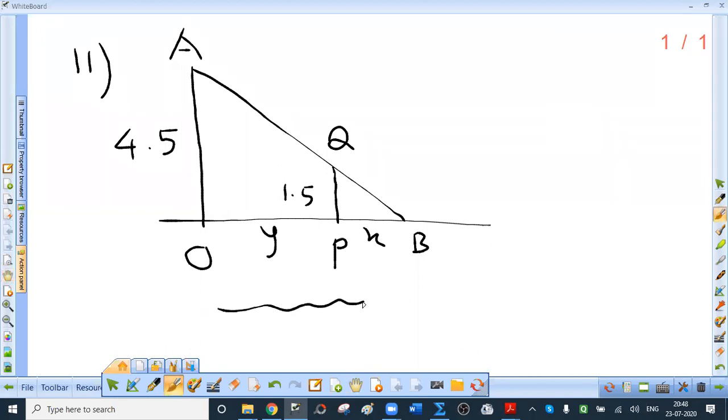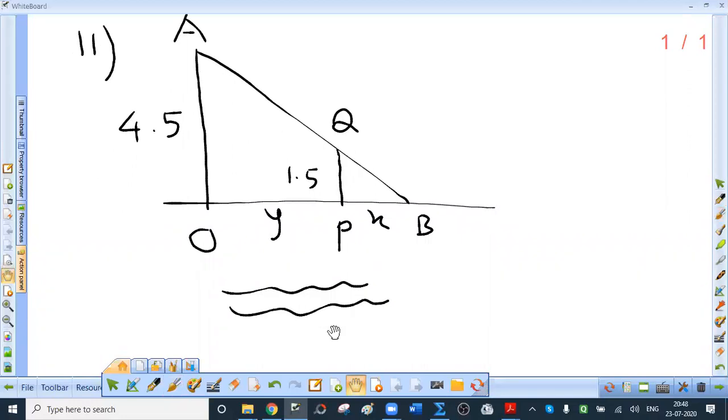Let OA be the lamp post, then PQ be the man, and so on. Write the solution.